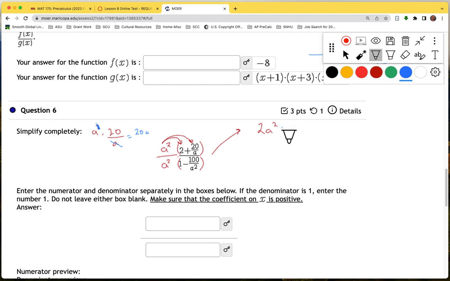So it's 2 plus 20a. But notice the fraction is gone from the top. In the bottom, we're going to have a squared, which is going to distribute. A squared times 1 is a squared. And then when we multiply this by a squared, hopefully you can see that a squared cancels with the a squared, so then you have minus 100.